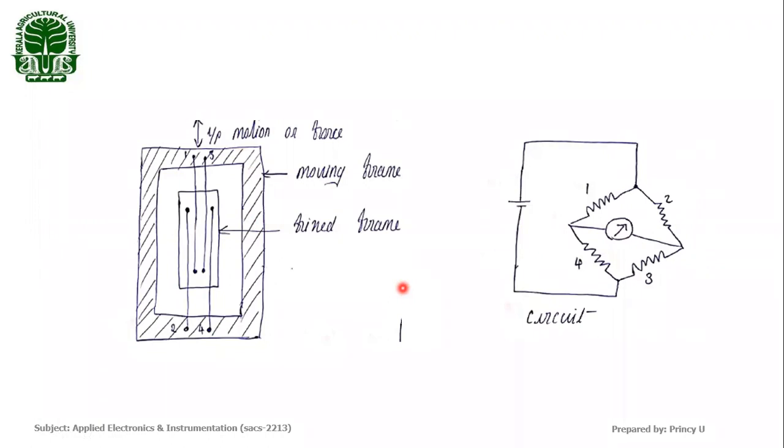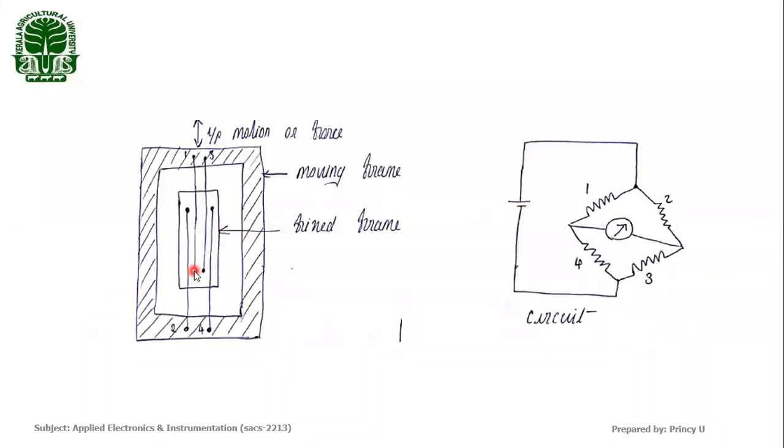An unbonded strain gauge consists of two frames connected with four wires. One frame is fixed, and the other is movable, and an input motion stretches wires 1 and 3, and reduces tension in wires 2 and 4.